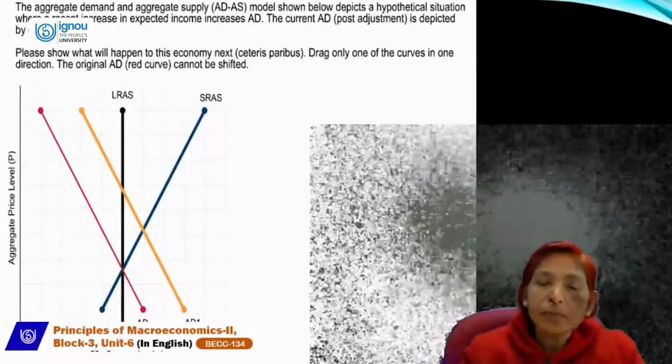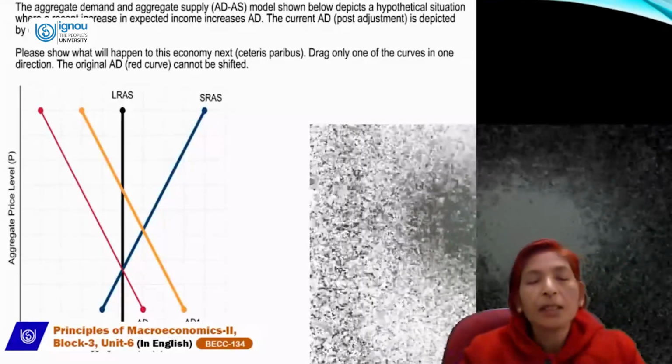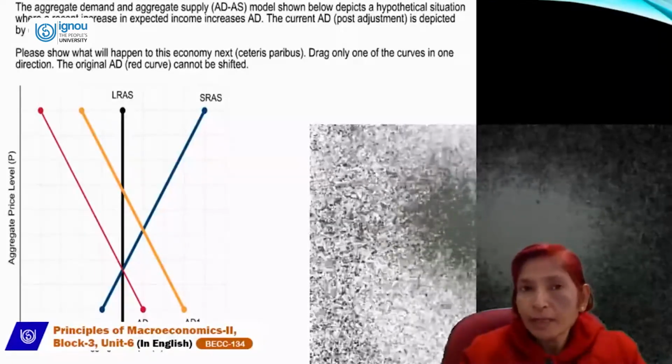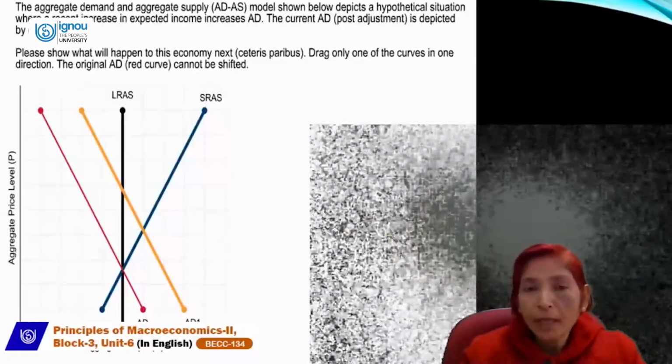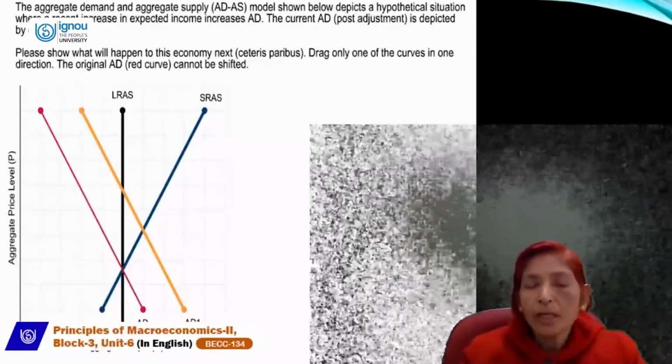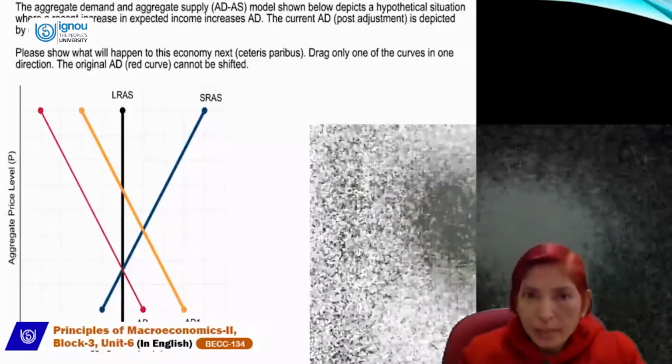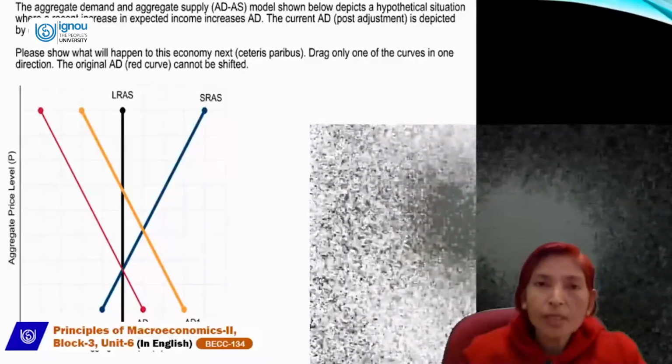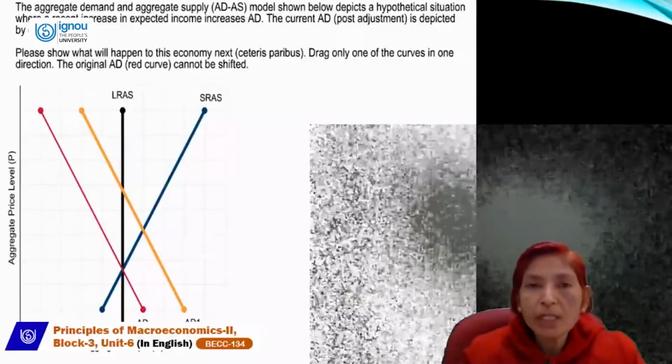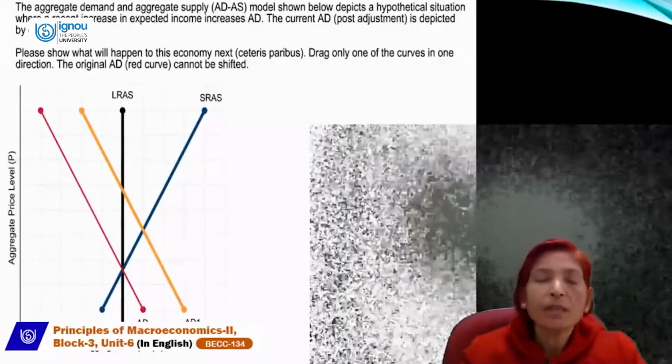So if government spends more money and government revenue is less but spending is more, then it will be called expansionary fiscal policy. Expansionary fiscal policy is that policy in which government expenditures are more but revenue is less.